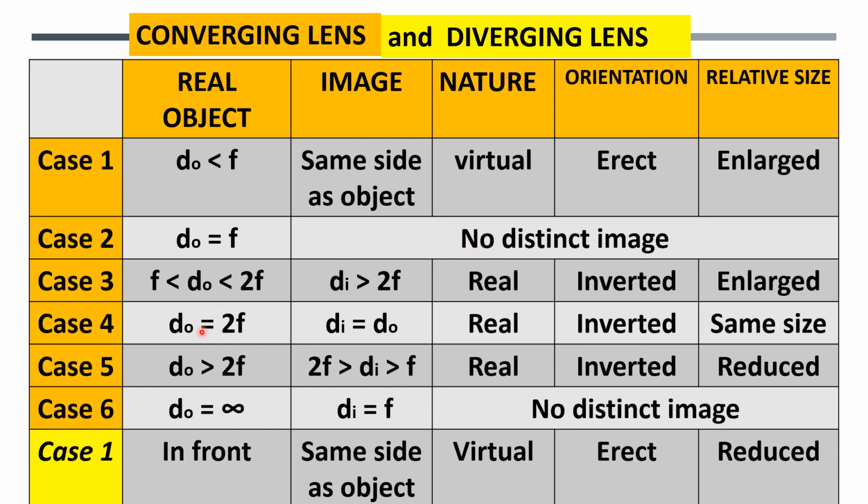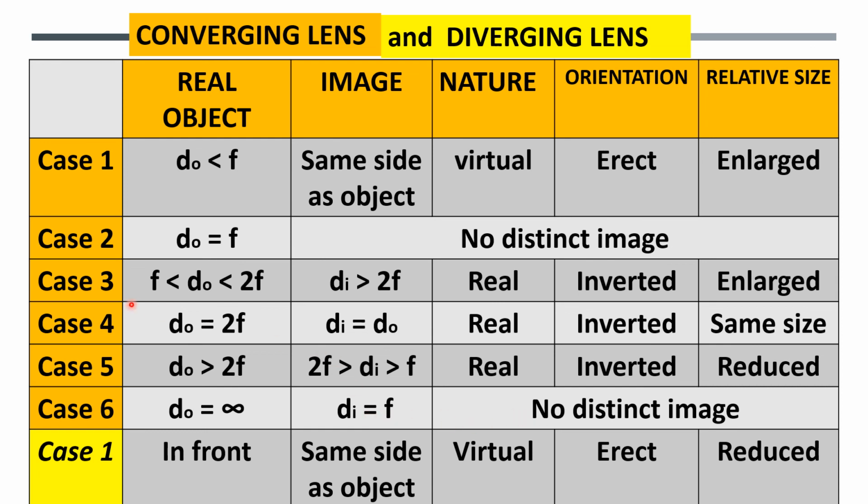And the other case as well is case 6, where the object is at infinity. At infinity, the image of that object will simply be formed exactly at the focus. It's just going to be a very bright spot. So no distinct image either.